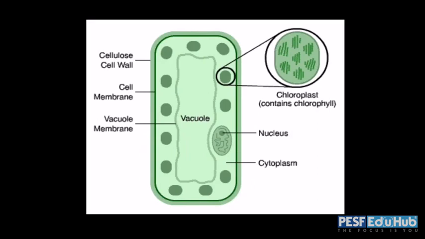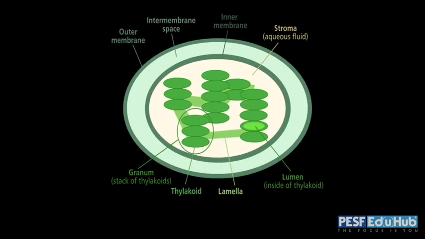One single chloroplast enlarged. This is the structure of a single chloroplast. When we examine the structure of the chloroplast, we can see it is surrounded by two membranes: an outer membrane and an inner membrane.